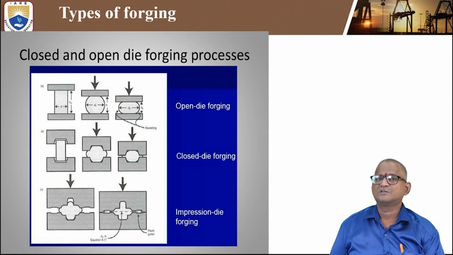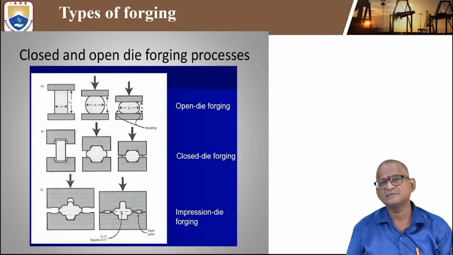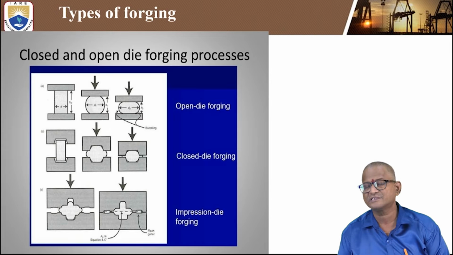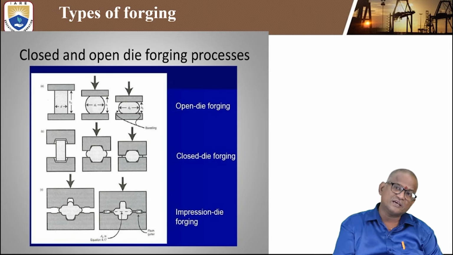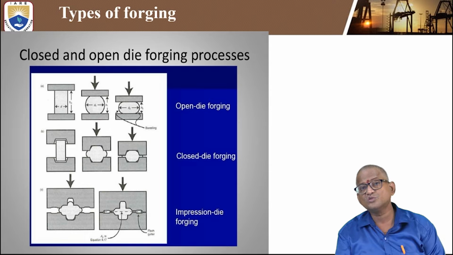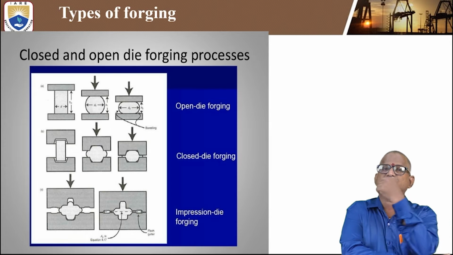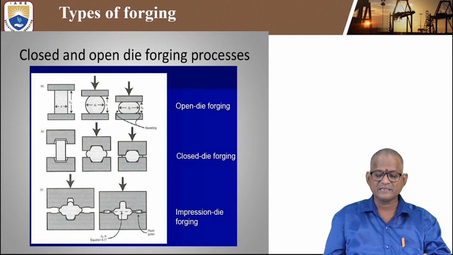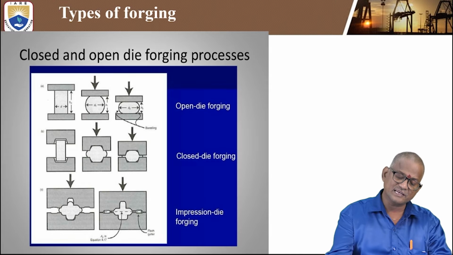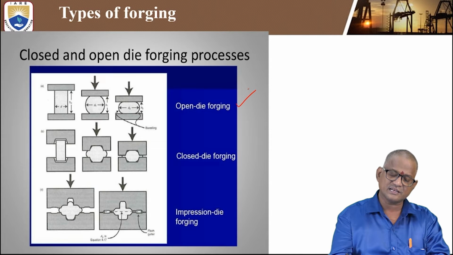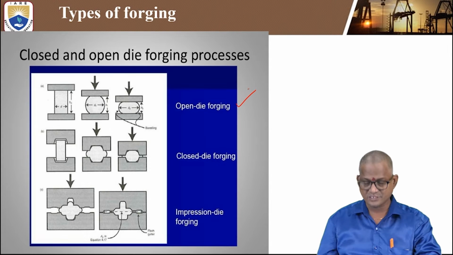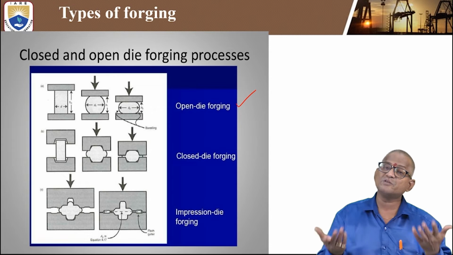Now let us see another important type of classification: open die forging process and closed die forging process. It is self-explanatory. By seeing the diagram itself, you can understand clearly the open die forging process. What is meant by open die forging?